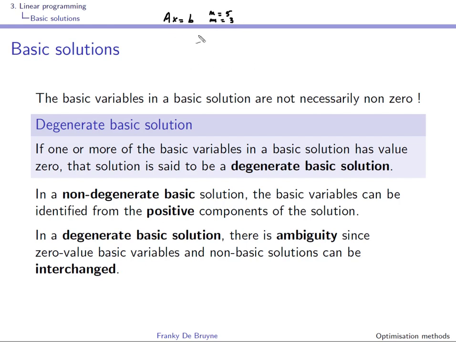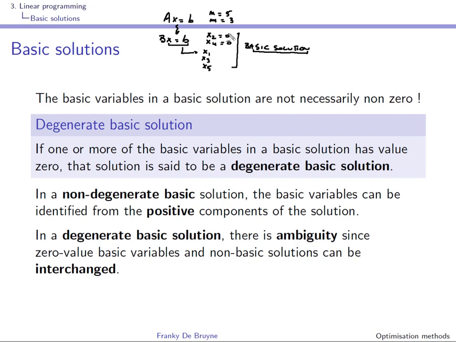And we had fixed x2 to be 0 and x4 to be 0, and this had then led to a system of equations Bx is equal to b, and if you solve this, you obtained x1, x3 and x5, and this then led to a basic solution. And what happens normally is that these ones are different from 0, right?